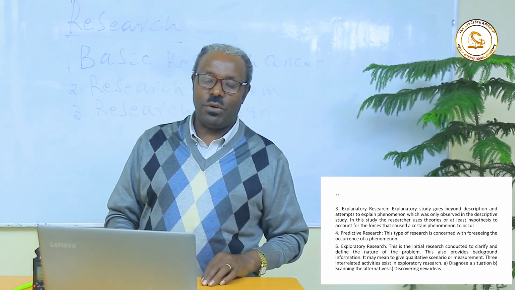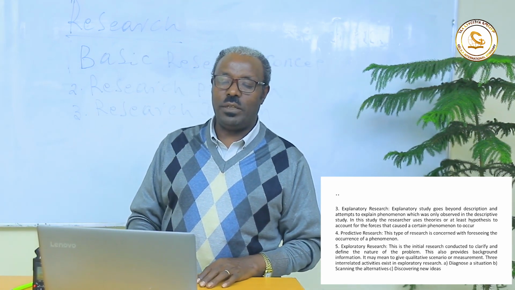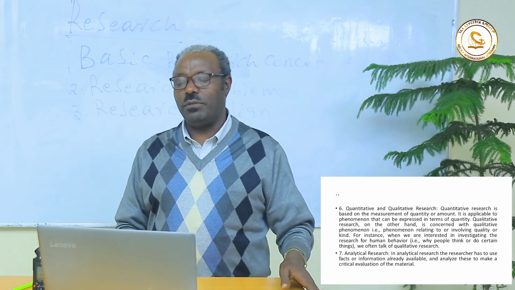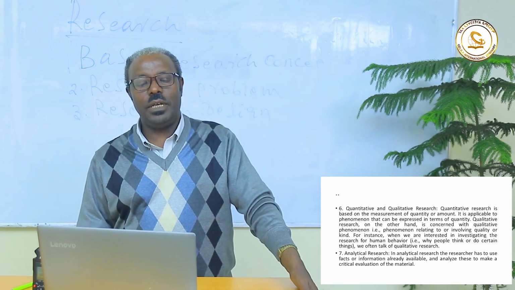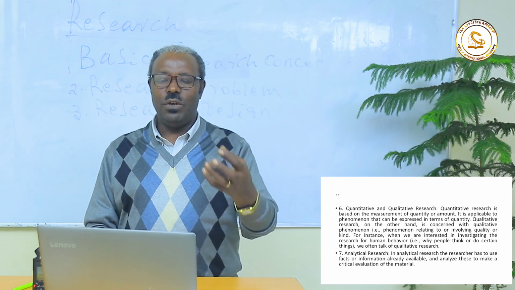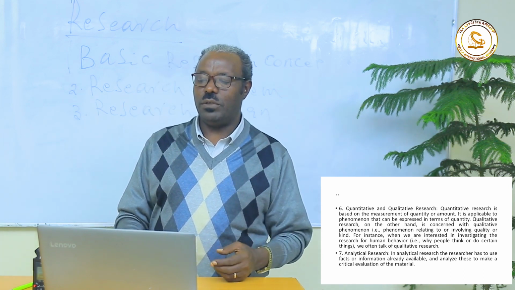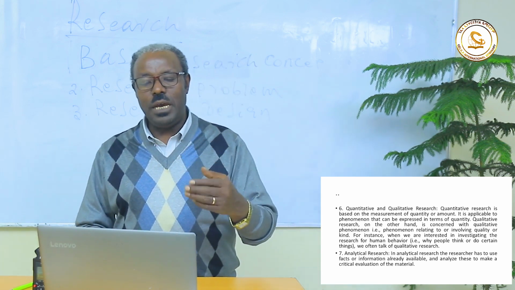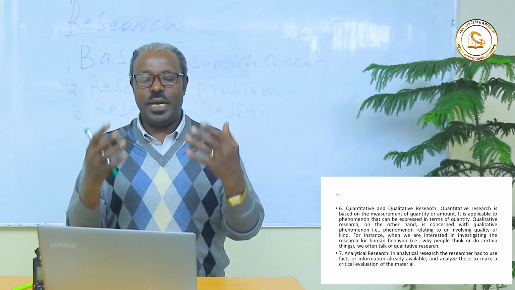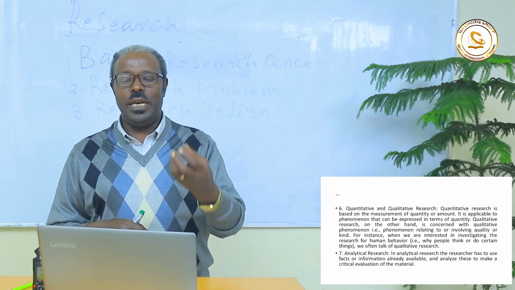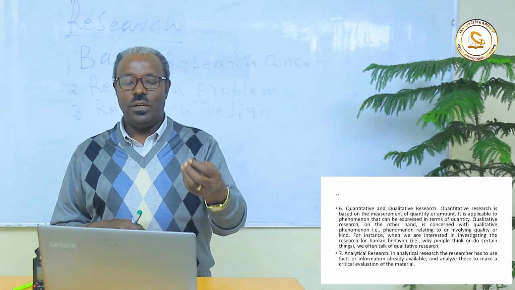The sixth process of research type is quantitative and qualitative research. Quantitative research is based on the measurement of quantity or amount. It is applicable to the phenomena that can be expressed in terms of quantity.